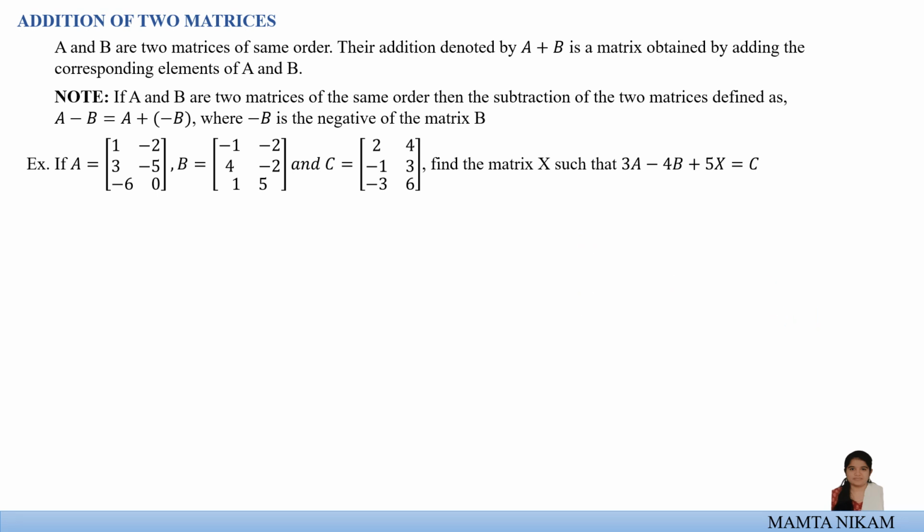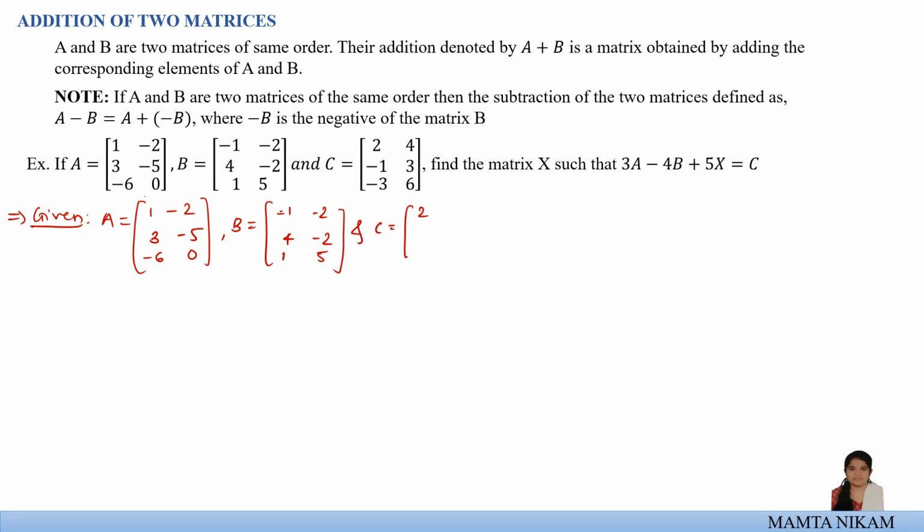So for this example, what is the given data we have? Given is A equals [1 -2; 3 -5; -6 0]. B is the matrix [-1 -2; 4 -2; 1 5], and C is the matrix [2 4; -1 3; -3 6].